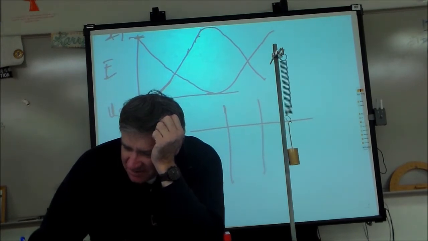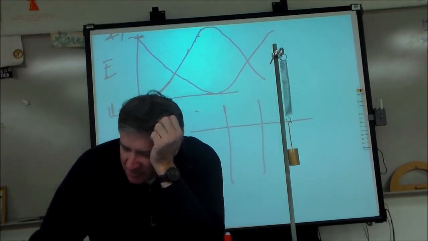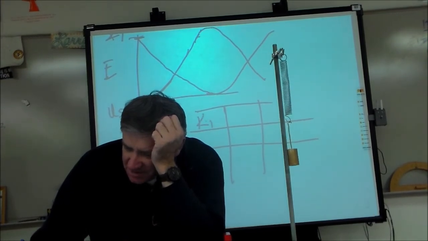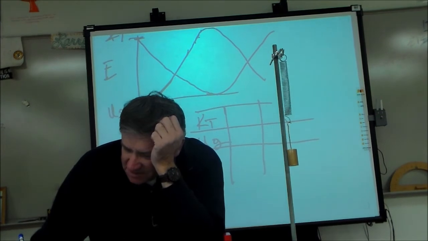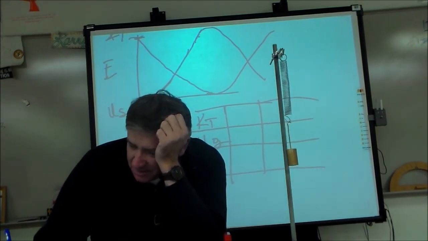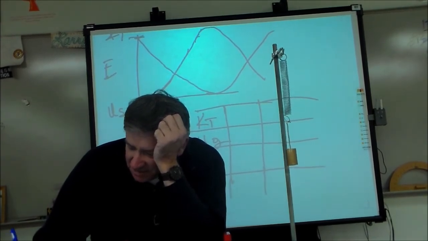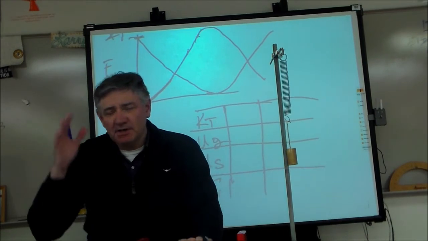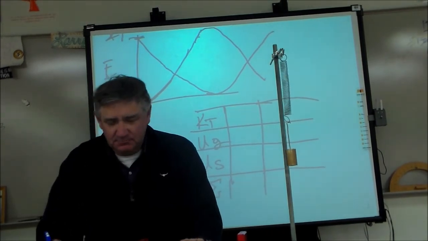So now we need to add on to our chart. Now we can have KT, we can have UG, and now we can have Us. Still going to be the sum, right? Now, when it's rolling, how much UG does it have? Zero.